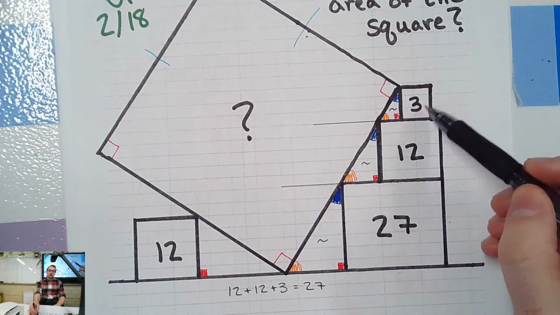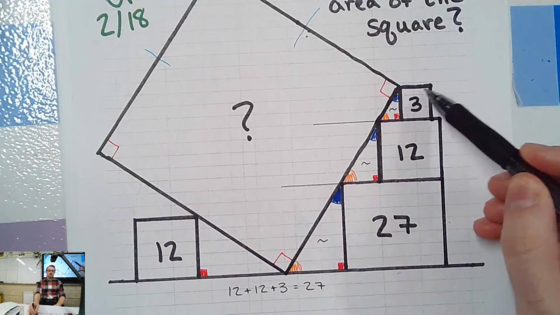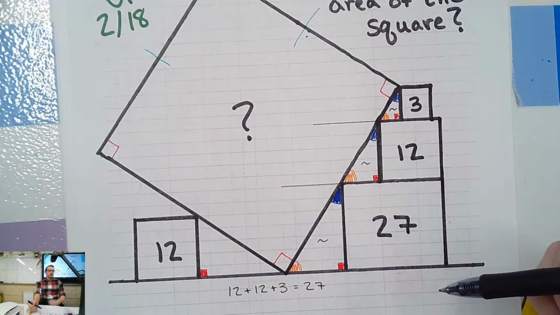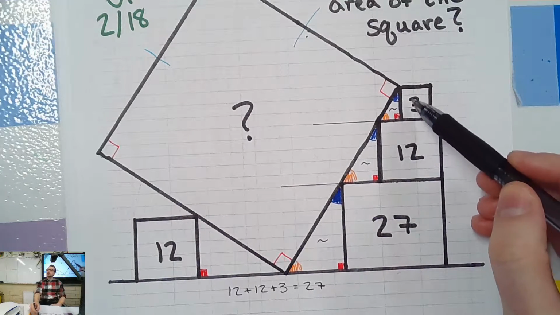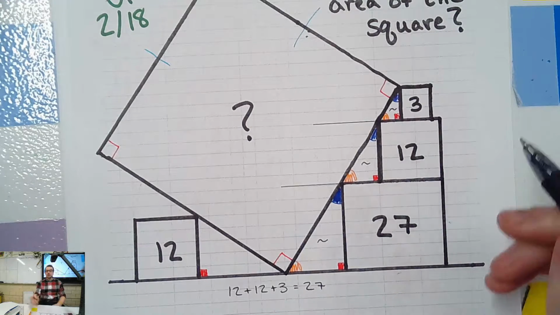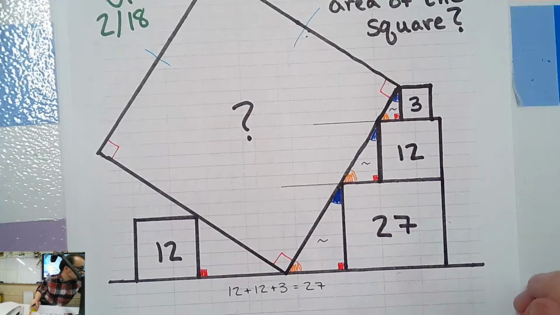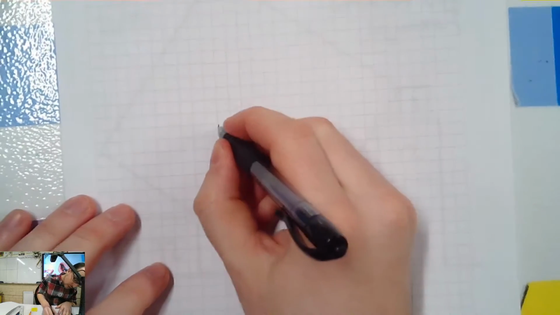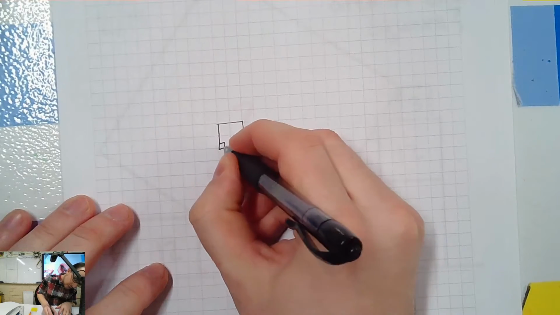If this was a square right here, what would the sides of the square be? Better question. If this was a 4, what would the sides of the square be? 2, right? When we say something is squared, it means putting it on a square. So when I say 2 squared, I mean 2 put on a square.